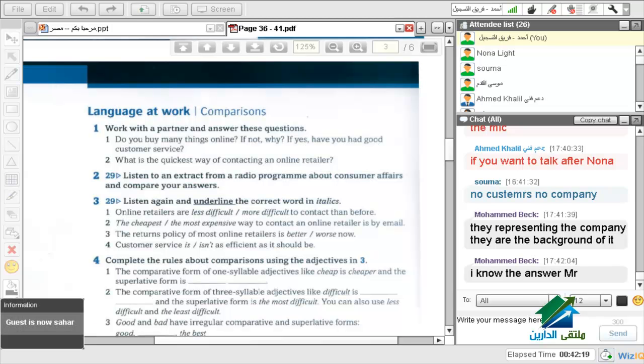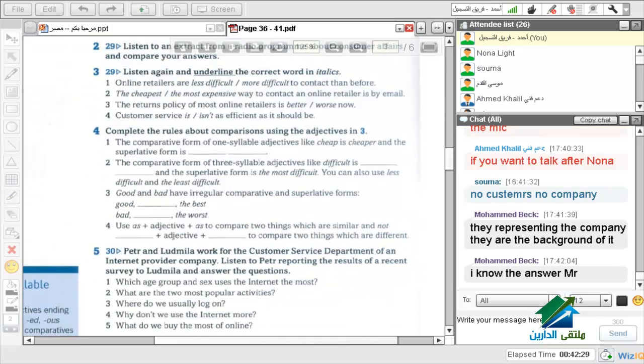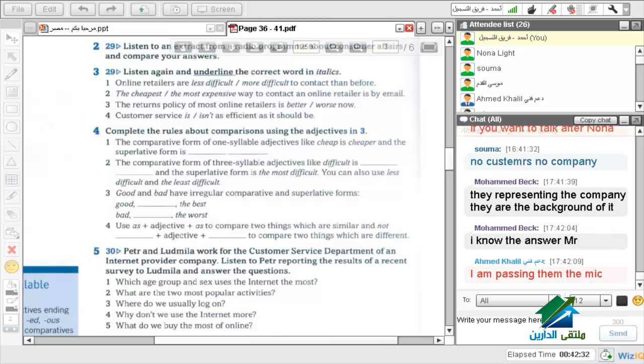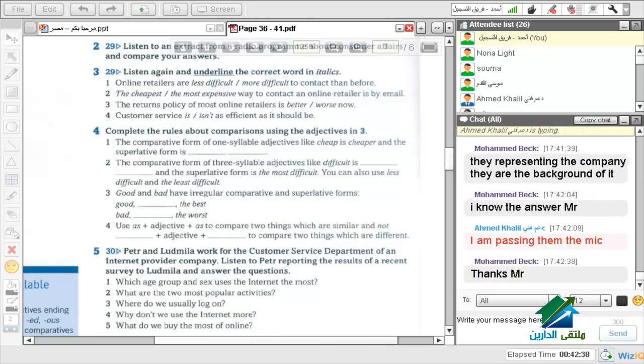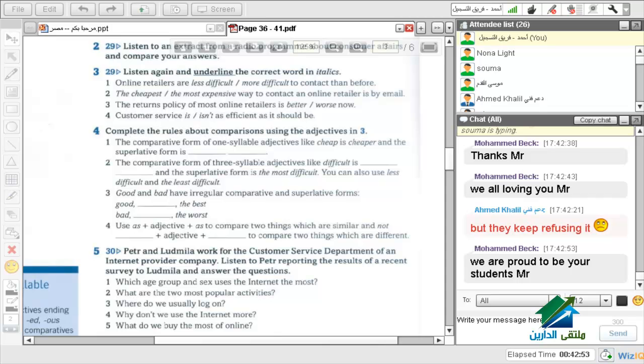Mute your mic, Mr. Khalil, please. Mohammed Bek, always a good student of mine, so I am sure that you know the answer. Okay, well, who's coming? Thank you, Bek. Thank you, Muhammad. They keep refusing the mic.